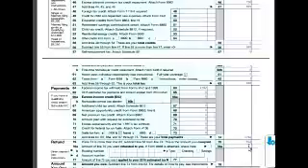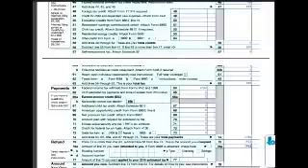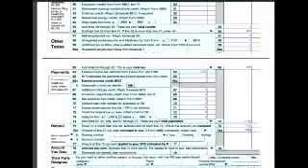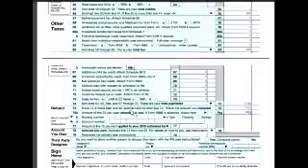This is the amount you have paid, and that's going to be the refund too. The refund amount is going to be 1,933. If you want it deposited to your bank account, you click here, put your bank information here, and that's it.